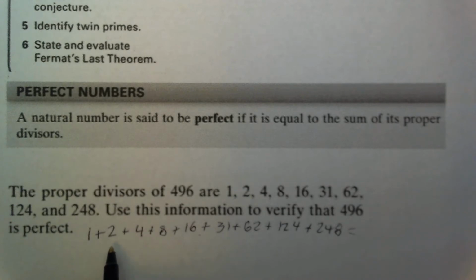And so 1 plus 2 is 3, and 4 is 7. 7 plus 8 is 15. 15 and 16 is 31, plus 31 is 62. Plus 62 is 124. Plus 124 is 248. Plus another 248 is equal to 496. So the sum of the divisors equals the number, and therefore 496 is a perfect number.